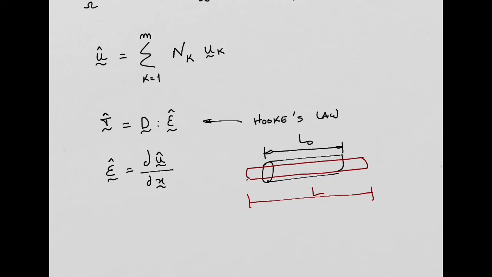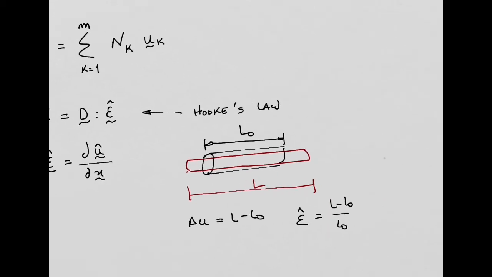Then you can define delta U as L minus L0, and your strain you say is L minus L0 over L0.